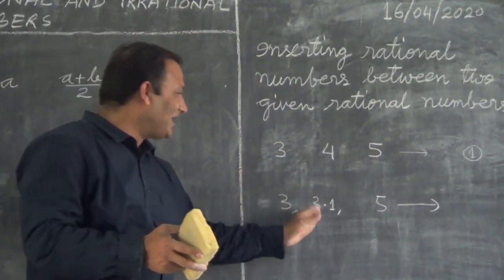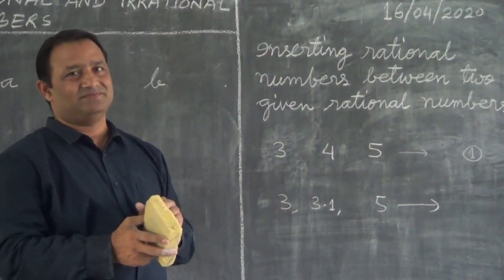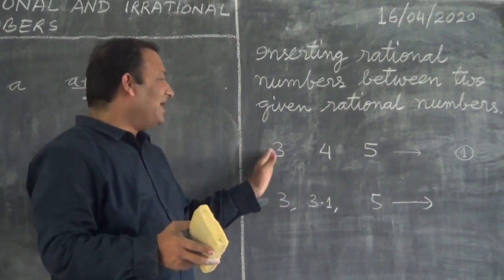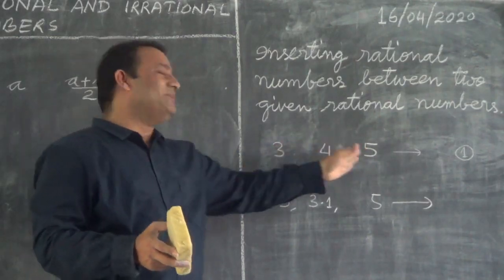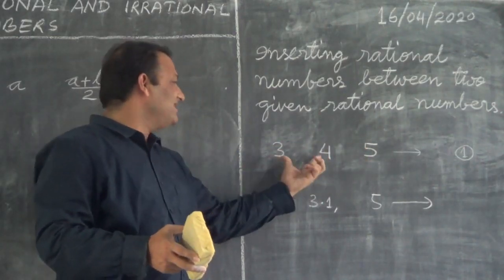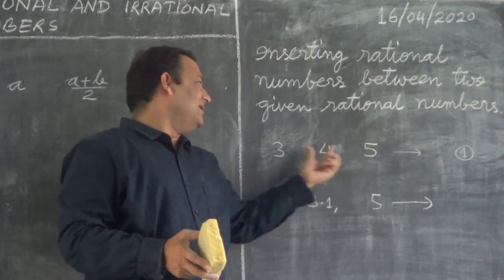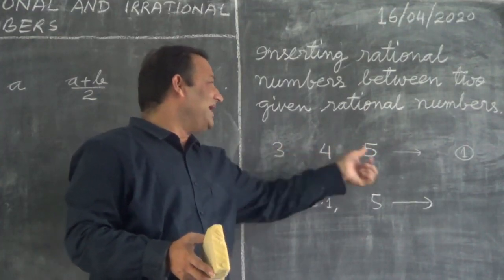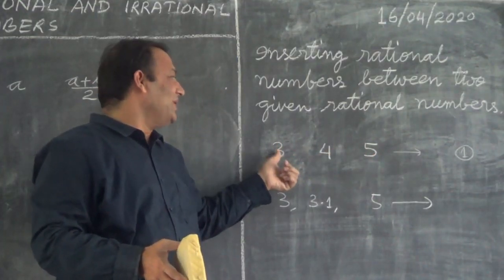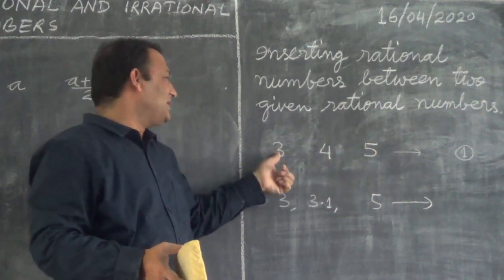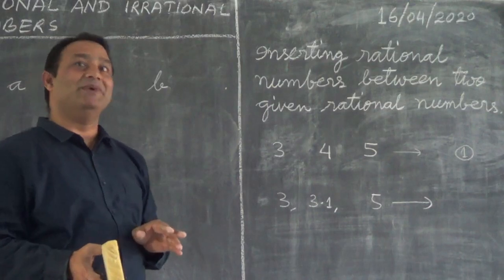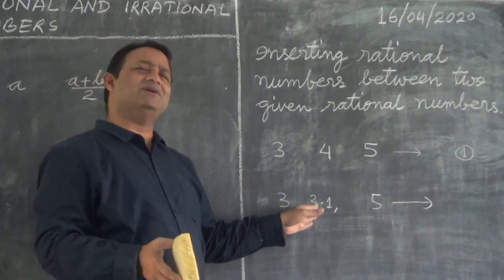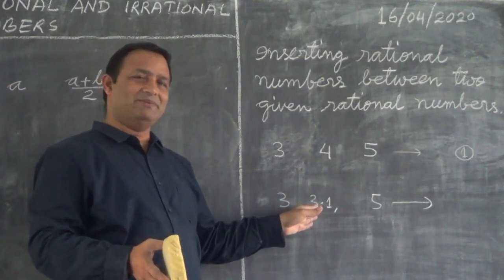But remember, if you are asked to find a rational number between 3 and 5 at equal interval, exactly in the midway with respect to A and B, then this will not be the answer.